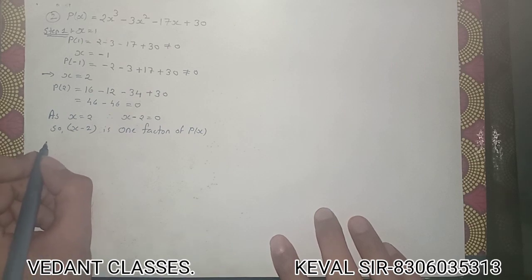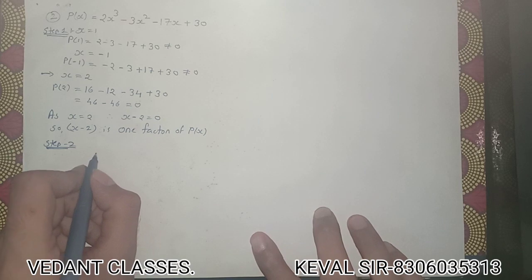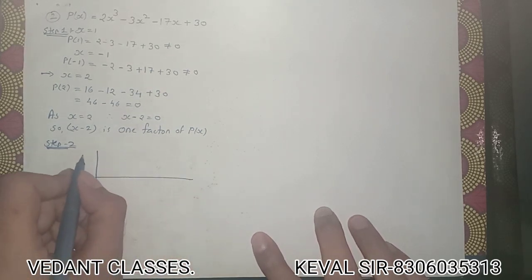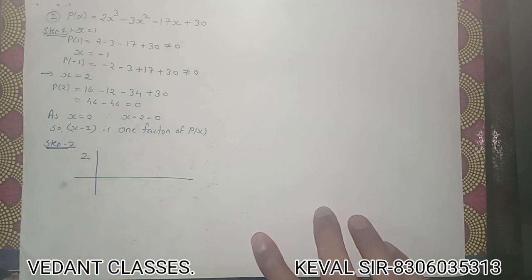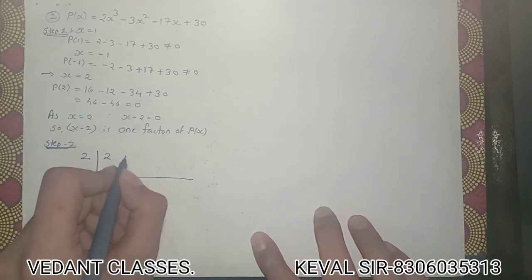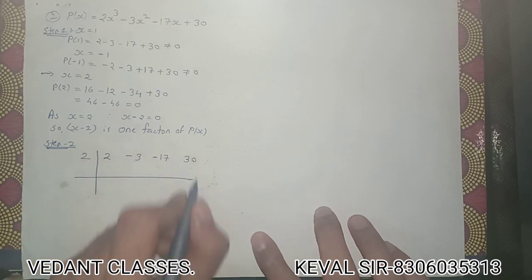Okay, so now let's use the second step, that is the synthetic division. In synthetic division you just need to write the value of x over here, so that is equal to 2. Then write the coefficients, so 2, minus 3, minus 17, and the last one is 30.